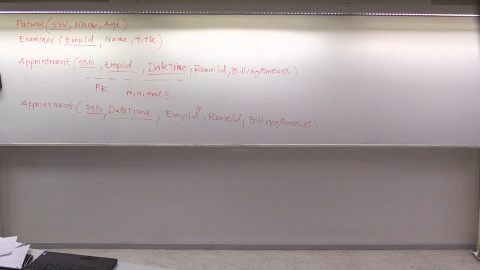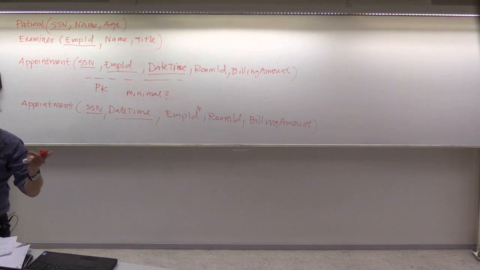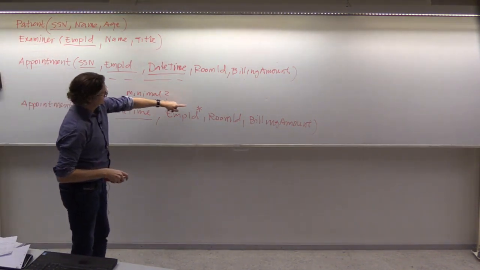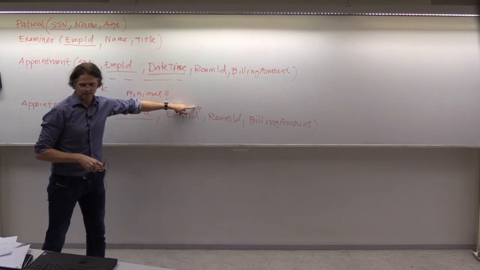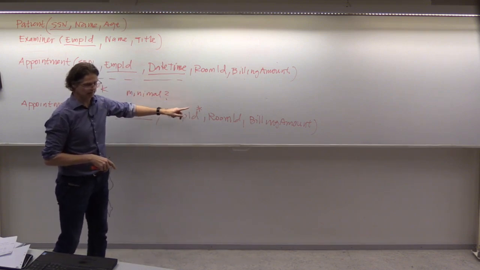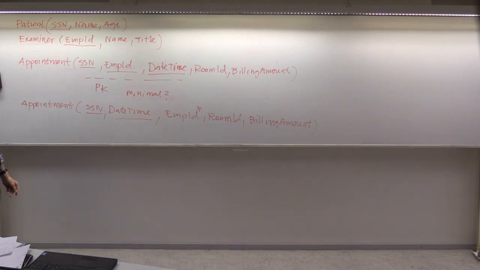Am I supposed to have an appointment without an examiner? Perhaps someone else designates you an examiner at a later point. So make that a question mark as well. It might be a bad thing to make it a foreign key. But I suppose that having it as a foreign key might be a good thing.